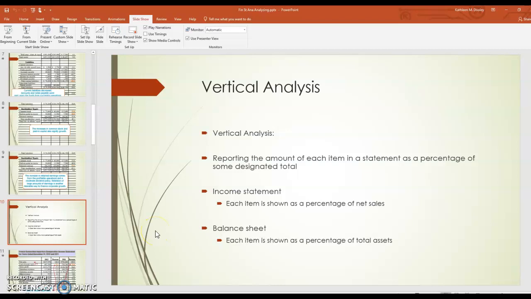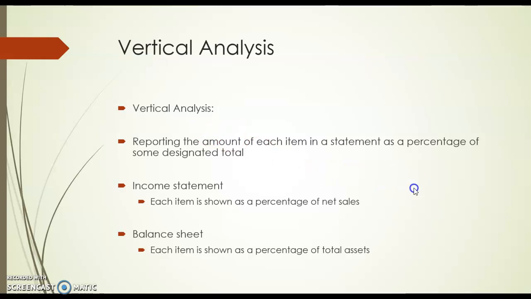Okay, in our previous videos, we looked at horizontal analysis. In this video, we'll take a look at vertical analysis. With vertical analysis, as we previously learned how to calculate it, you're reporting each amount, each item, as a percentage of some designated total.